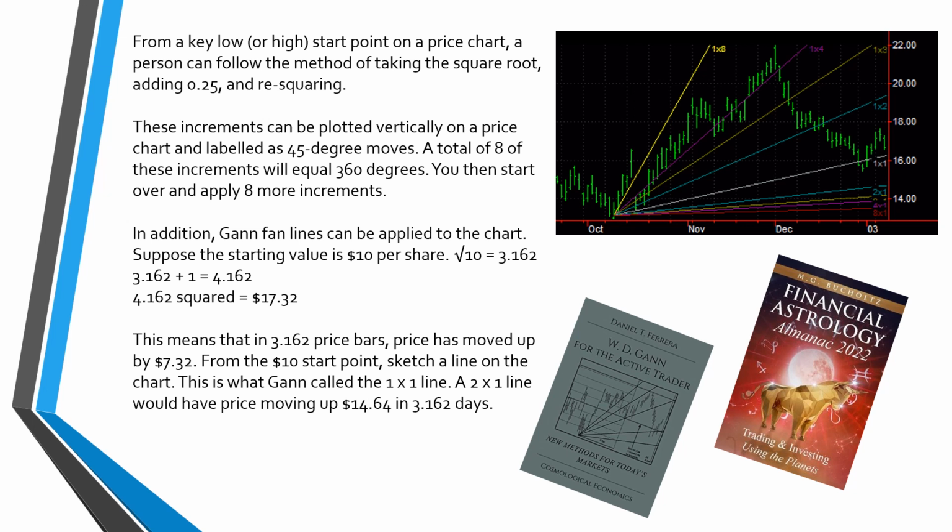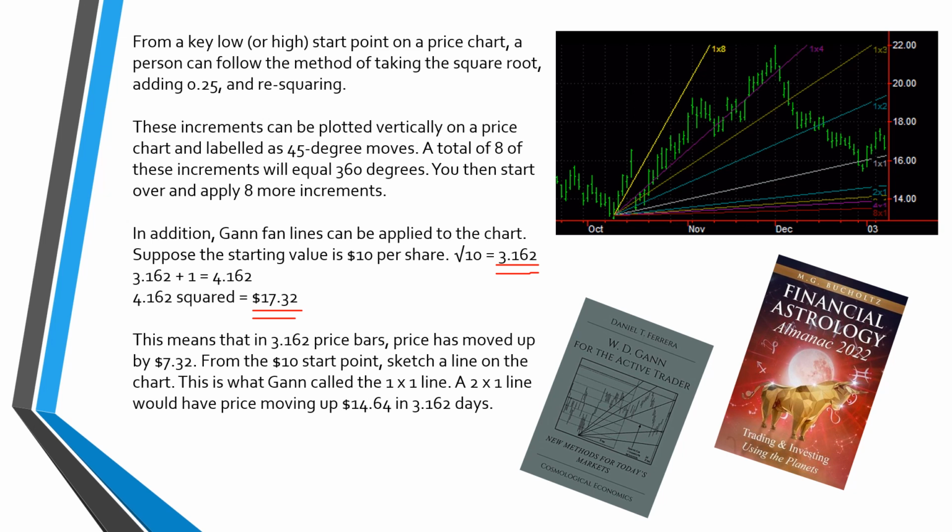So what this means is over the scope of 3.162 price bars, let's call it 3 price bars in round figures, over 3 price bars, the price of that stock has gone from $10 to $17.32. So that's a net gain of $7.32.